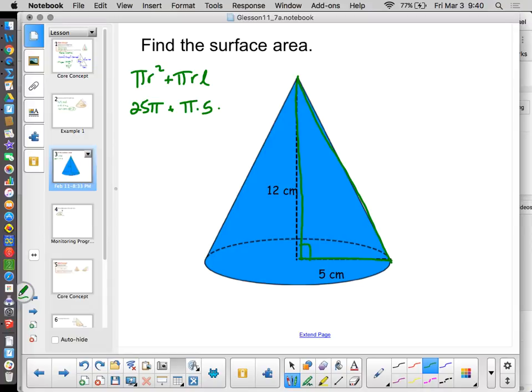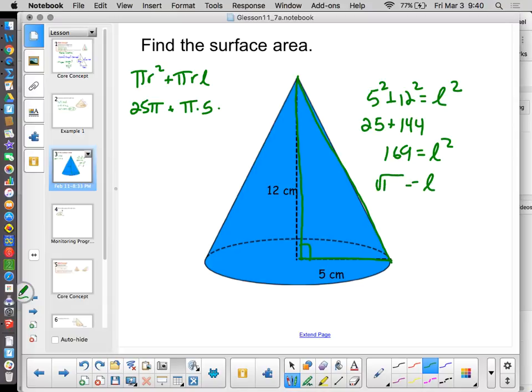So setting up my Pythagorean theorem, 5 squared plus 12 squared equals slant height squared. 25 plus 144 is 169 equals slant height squared. So the slant height is the square root of 169. So the slant height is 13.